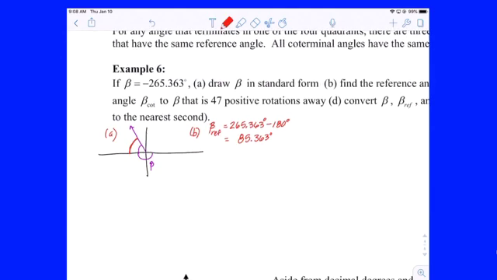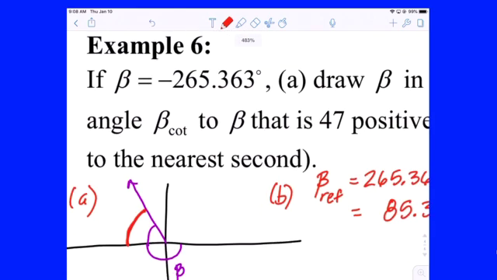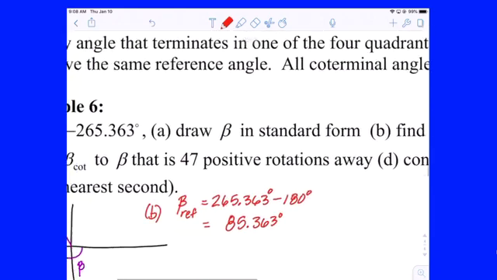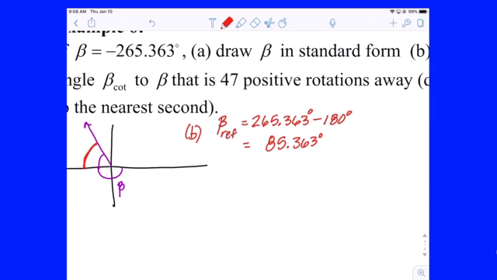Okay, C comes next. Find the coterminal angle to beta that is 47 positive rotations away. Okay, so here we go. Part C. We're finding beta coterminal that is 47 positive rotations away from beta. So let us write beta down. It's negative 265.363.